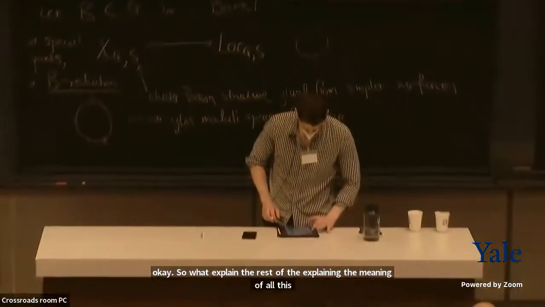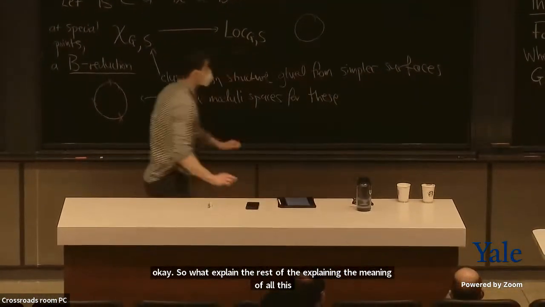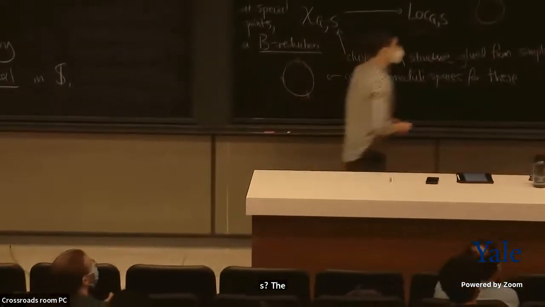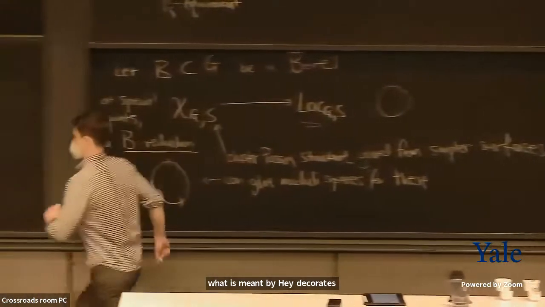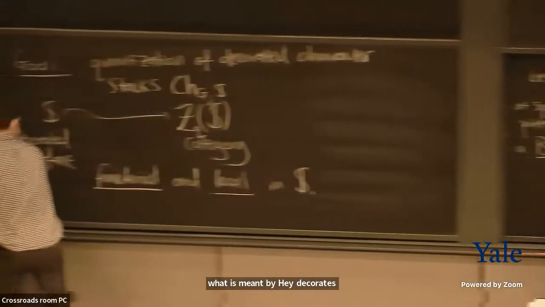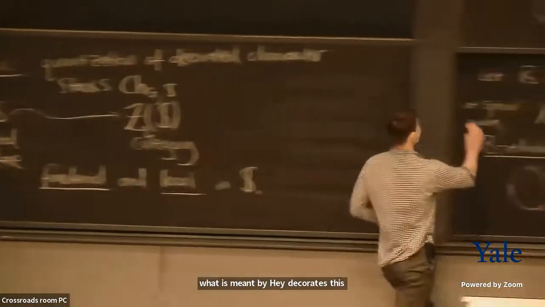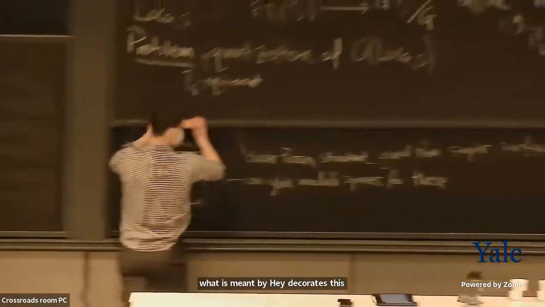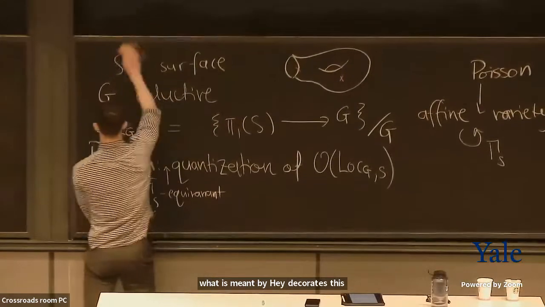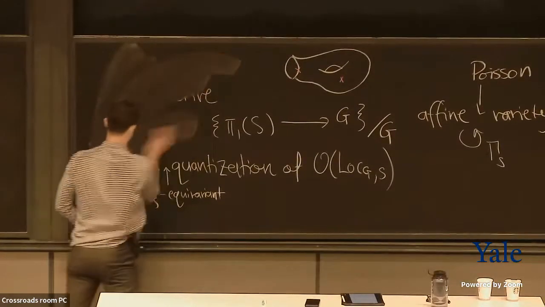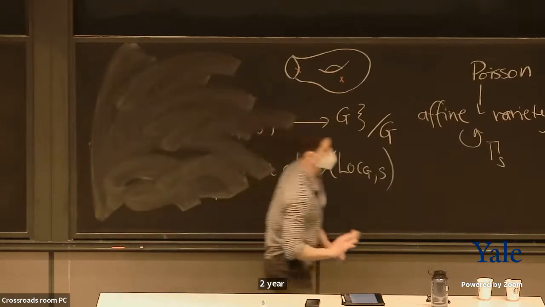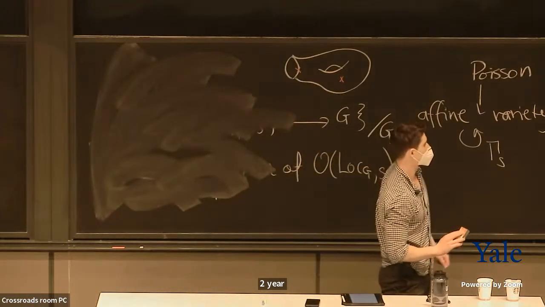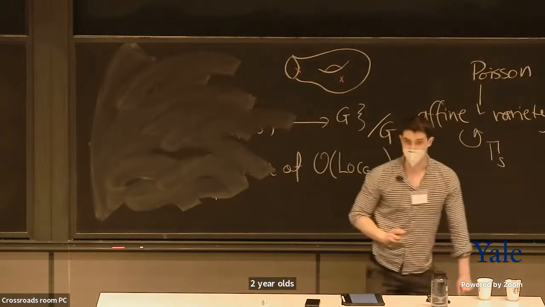Okay. So the first order of business is probably to explain what is meant by a decorated surface. Because after you wrote this formula, you already defined what's... Exactly, yeah. No, that's it.